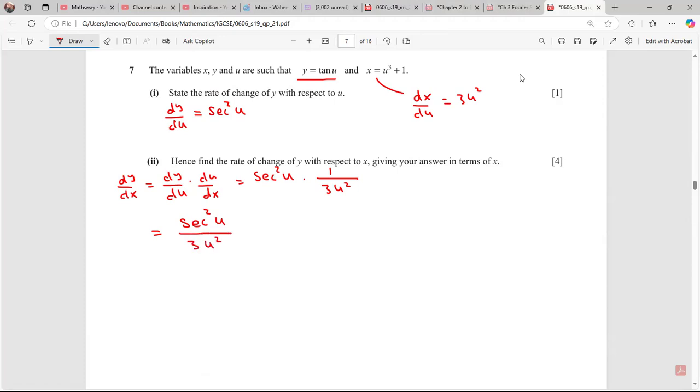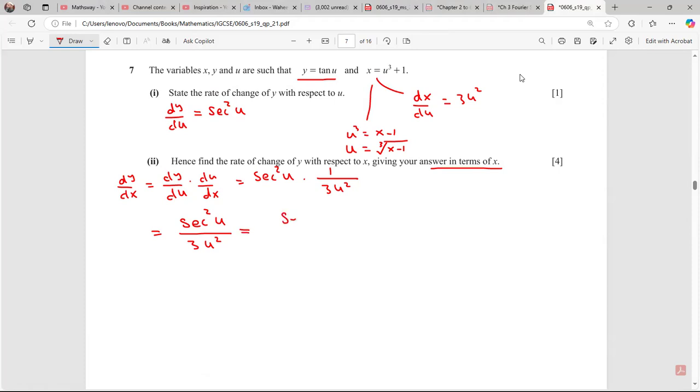But they're asking us to write the answer in terms of x. So you see from here again, u cube is equal to x minus 1 and u is equal to the cubic root of x minus 1. Right? So I will replace this value of u.